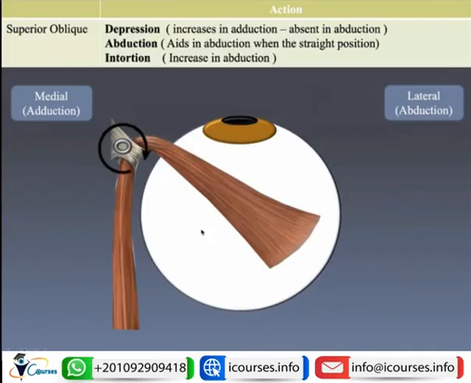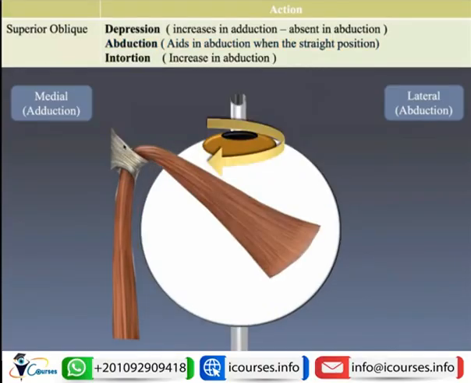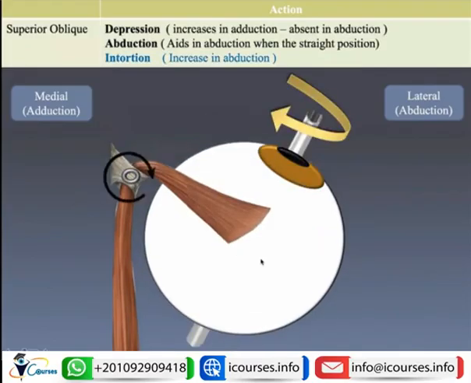Then the superior oblique muscle can cause abduction. The abduction is caused because the center of rotation is in the trochlea. When the trochlea acts as the center of rotation, this will lead to lateral movement of the eye. It will increase abduction when the eye is in straight position. Finally, when the eye rotates along the z-axis, which is the anteroposterior axis, this will lead to intorsion.